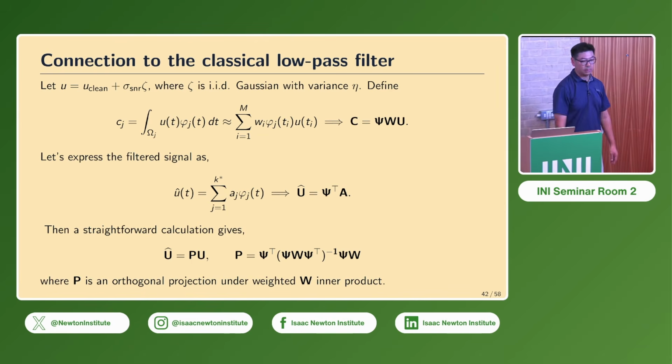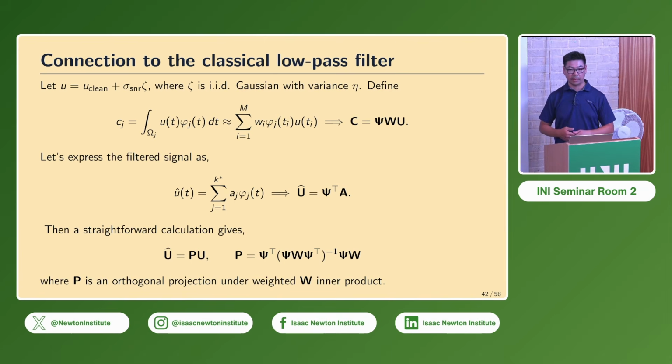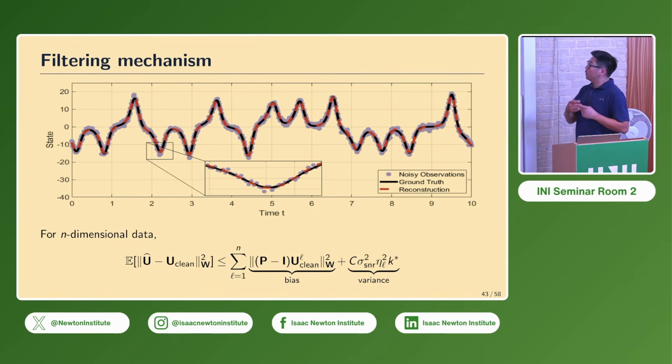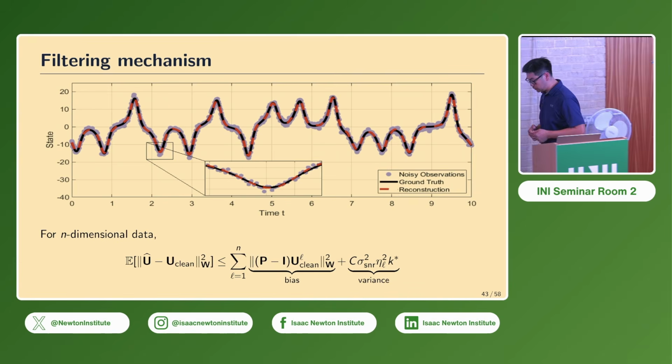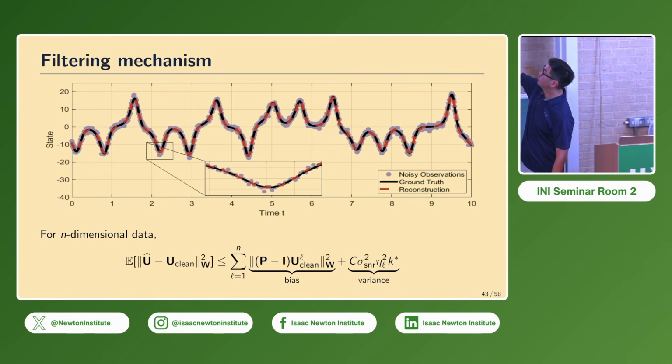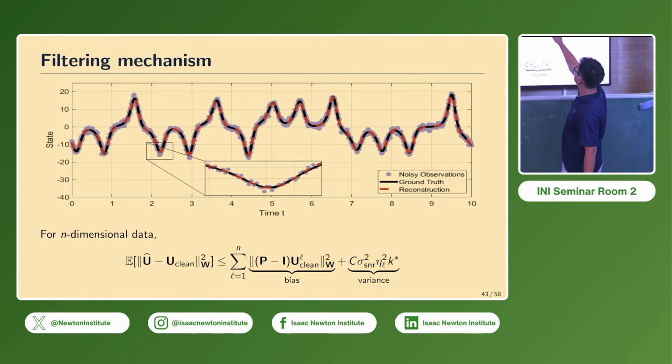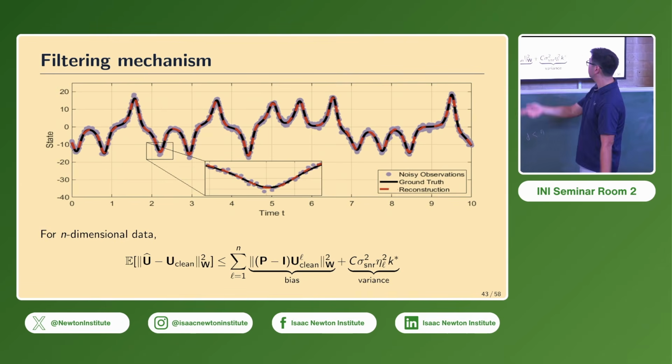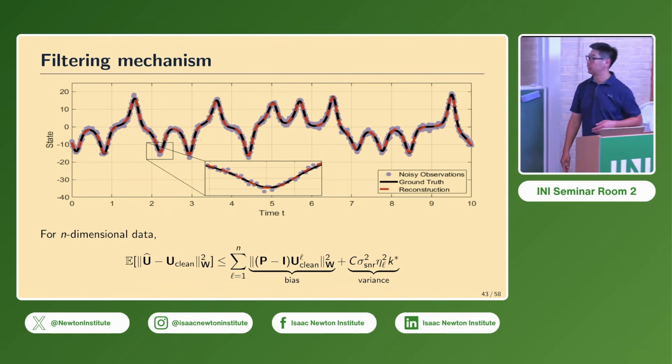To me, that explains why it works. When we reconstruct using a particular choice of P, K, and so on, you see the noisy observations and the ground truth that we tested in reconstruction. You're really filtering the data.